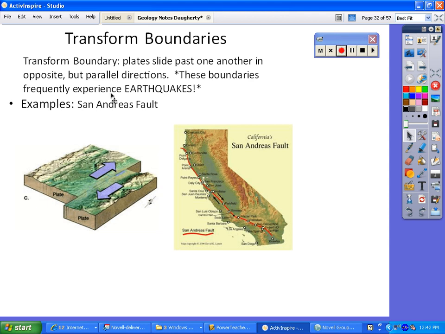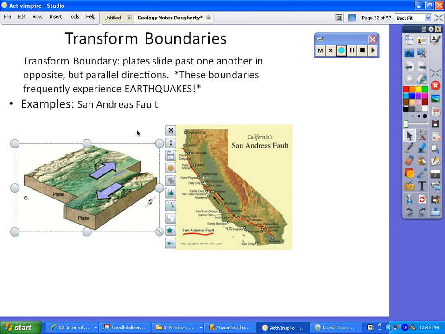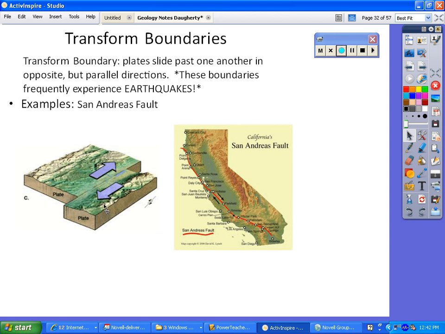A really good example in our country is the San Andreas Fault out west in California. So you see these two plates kind of rubbing up next to each other. They're stuck, and finally they break loose. That's going to send this, I don't even want to call it an aftershock, because you have an aftershock with earthquakes, but it's going to cause an earthquake.